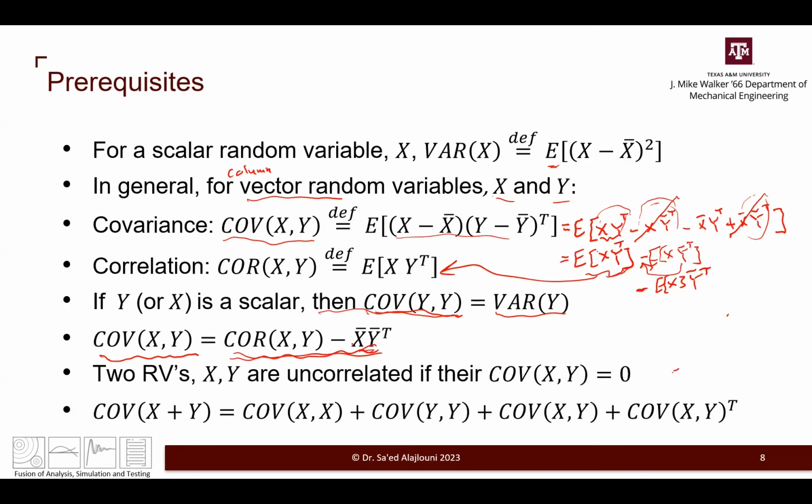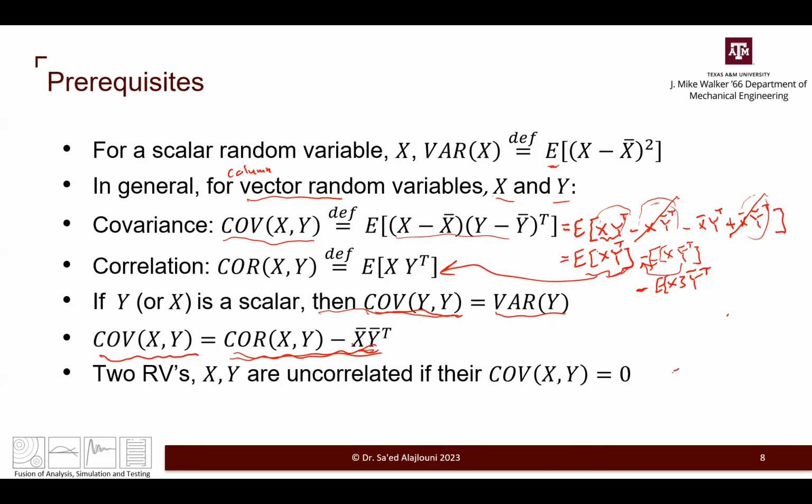Two random variables are said to be uncorrelated, and this is something that I don't like, if their covariance is 0. Also, if I tell you that x and y are independent, then that implies that they are uncorrelated.